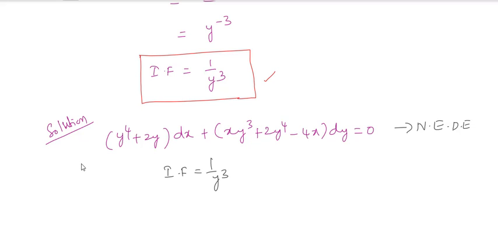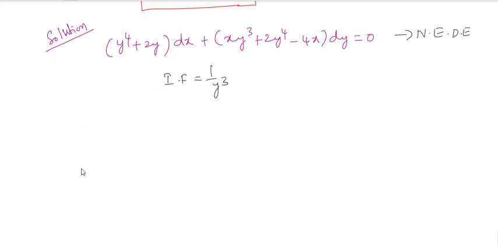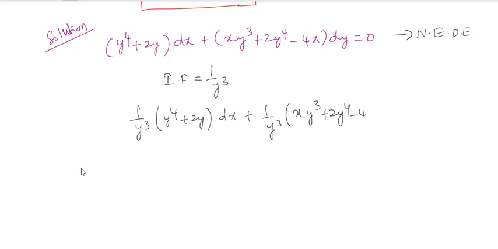So that will be multiplied with respect to this one. If I multiply, what will I get here? 1 by y cube into y power 4 plus 2y into dx plus 1 by y cube into xy cube plus 2y power 4 minus 4x into dy is equal to 0.